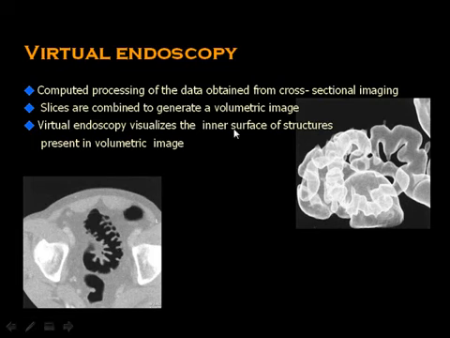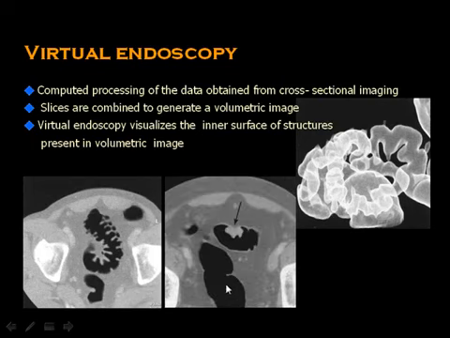Let's talk about the colon, for example. First of all, you clean the colon thoroughly of fecal matter and inject air inside the colon. After you inject air, you take CT sections, and you can see that the colon is distended by air.